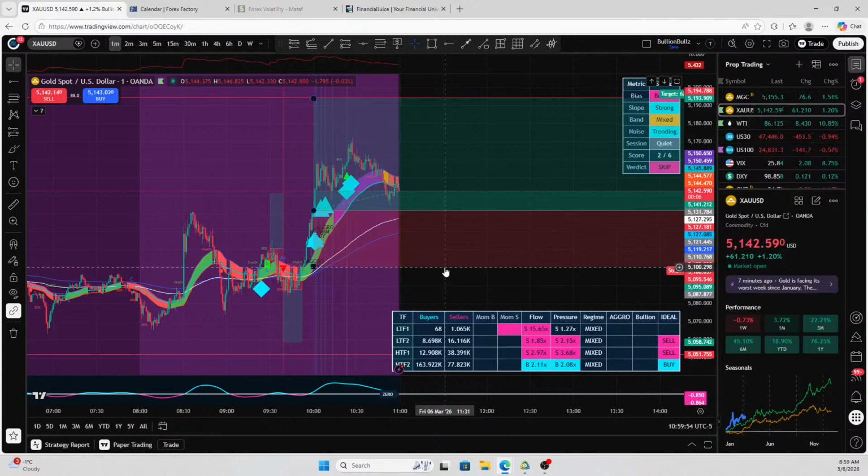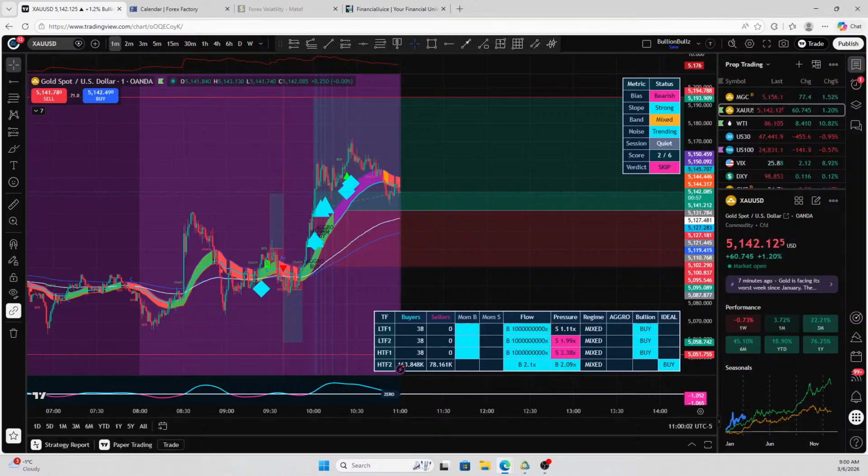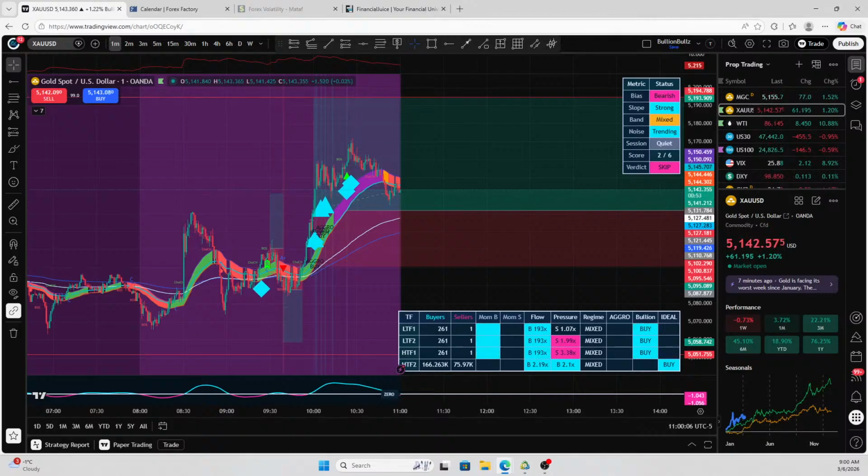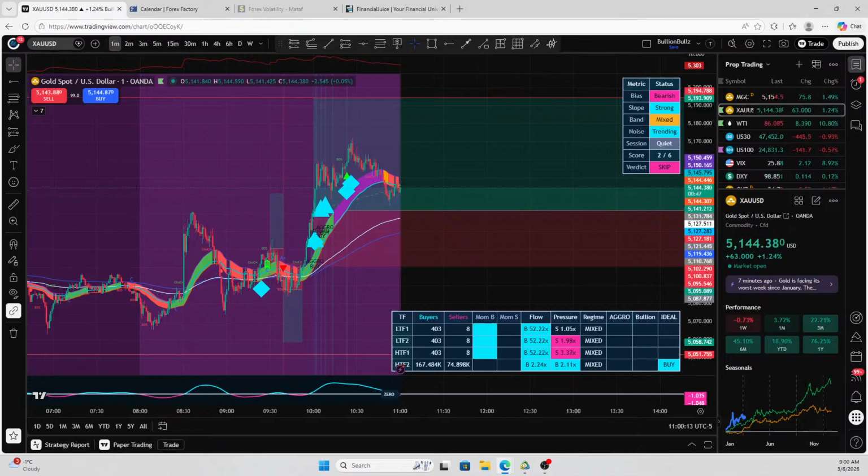Okay, we're about to close the 30-minute candle. Buyers came in heavy.